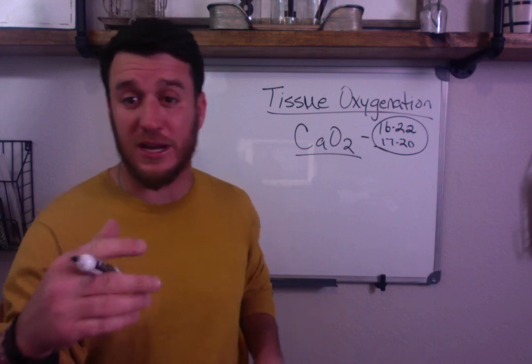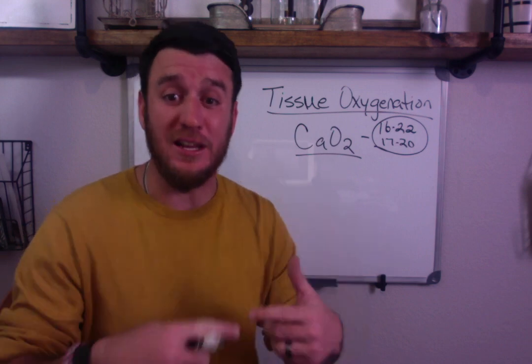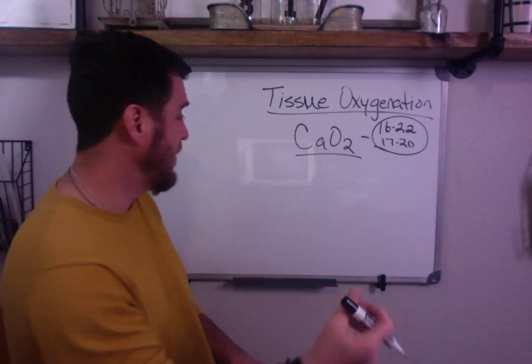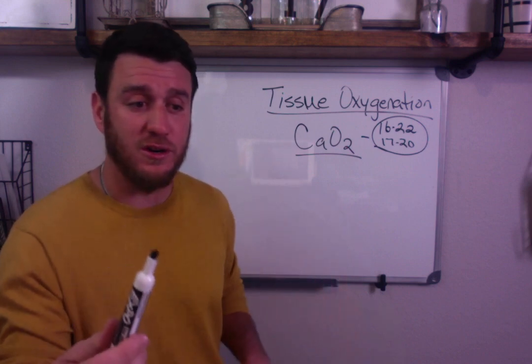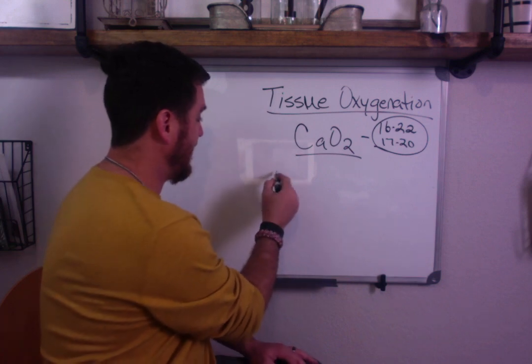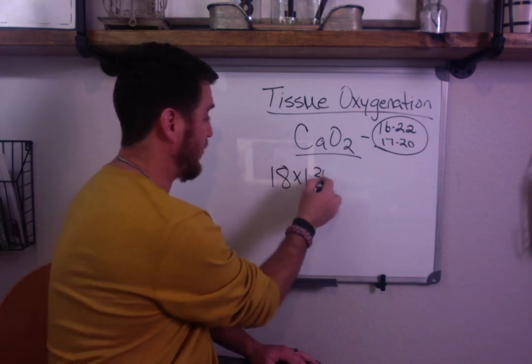Because as the body compensates, it says, okay, if you're not going to bring enough oxygen in, then guess what we're going to do? We're going to increase our carrying capacity for the little bit of oxygen that's being brought in. So what we do is we make an increase in hemoglobin. So your emphysematic patient who comes in with a hemoglobin of 18, we're going to multiply that times 1.34.